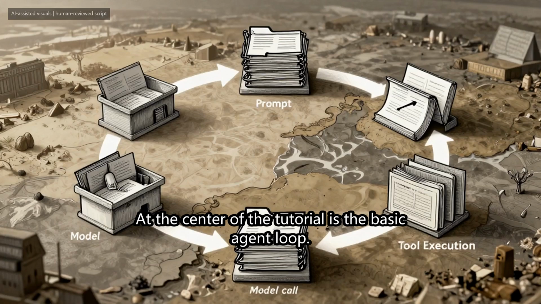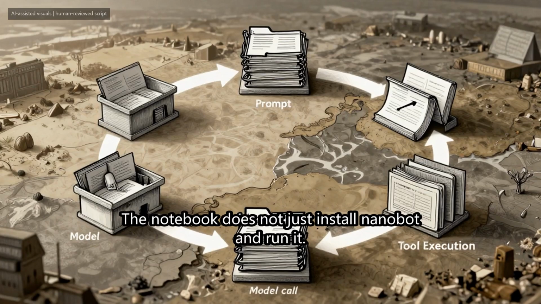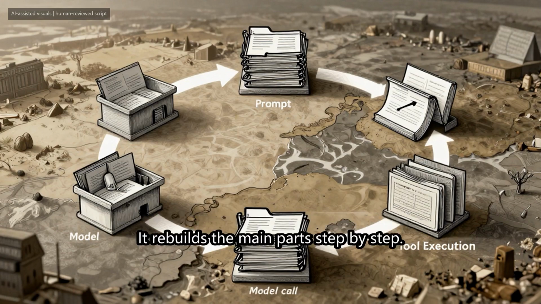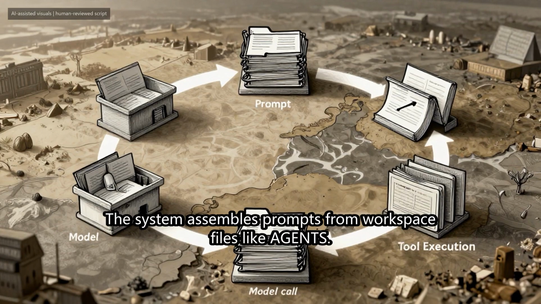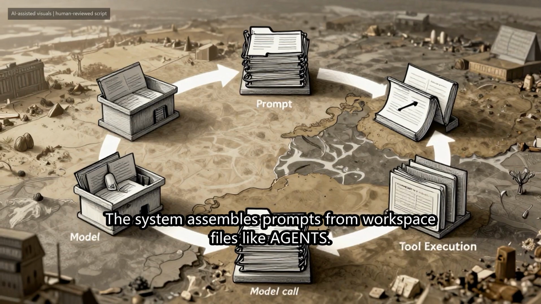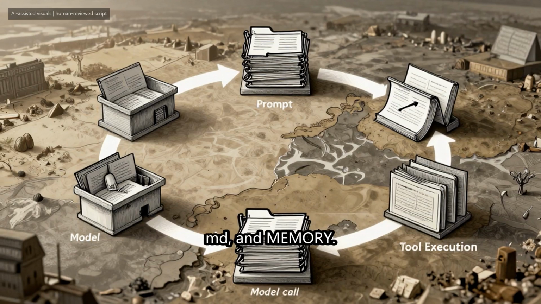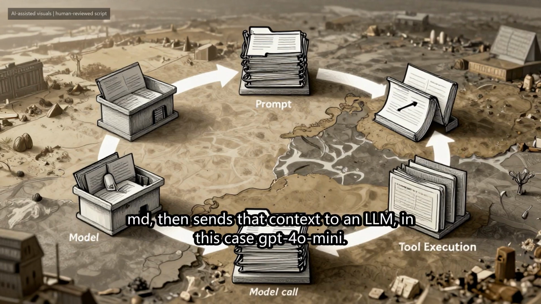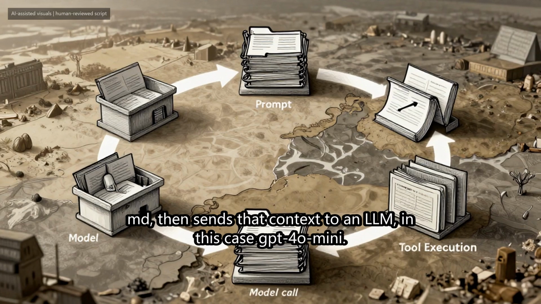At the center of the tutorial is the basic agent loop. The notebook does not just install nanobot and run it. It rebuilds the main parts step by step. The system assembles prompts from workspace files like AGENTS.MD, SOUL.MD, USER.MD, and MEMORY.MD, then sends that context to an LLM.